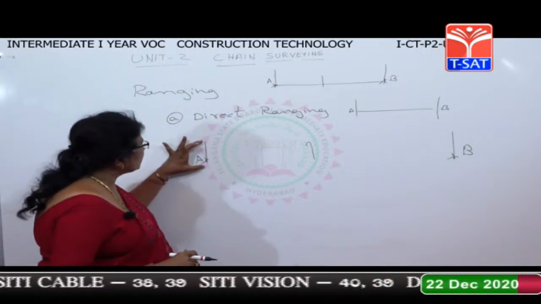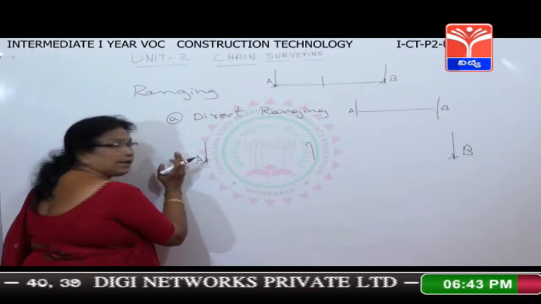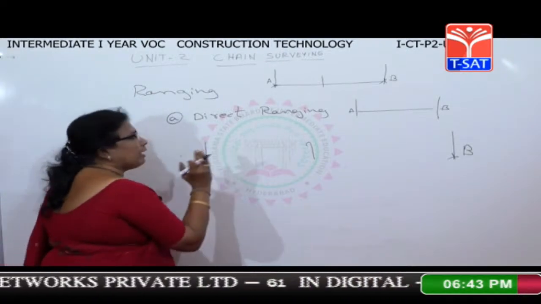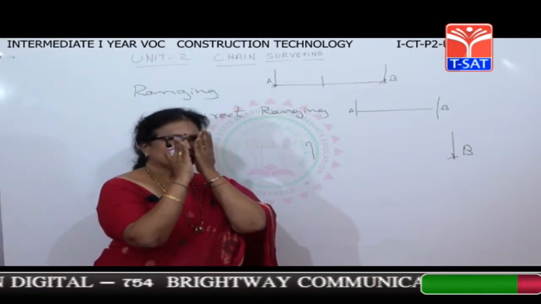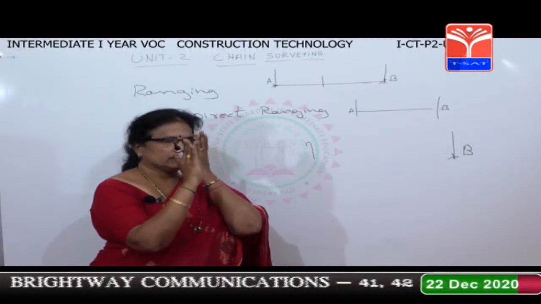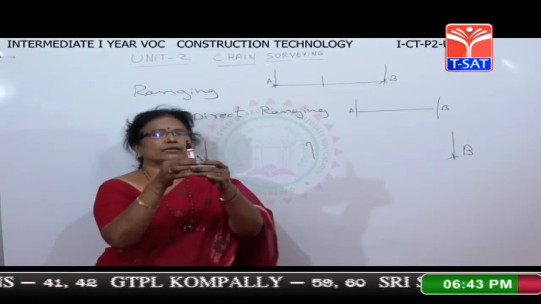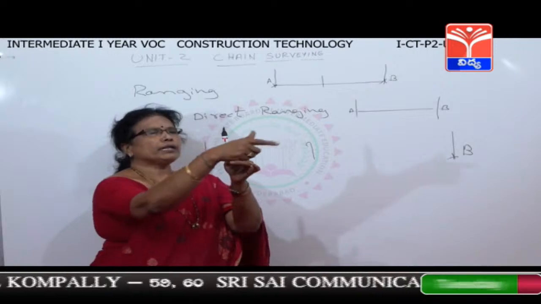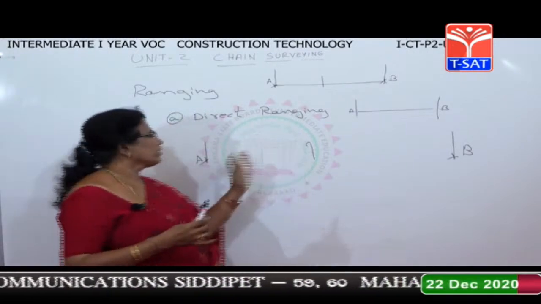Now the person will stand 1.5 meters behind this ranging rod, and by closing one eye, checking this one ranging rod, he will see the other ranging rod. He will bring these two ranging rods in one line.